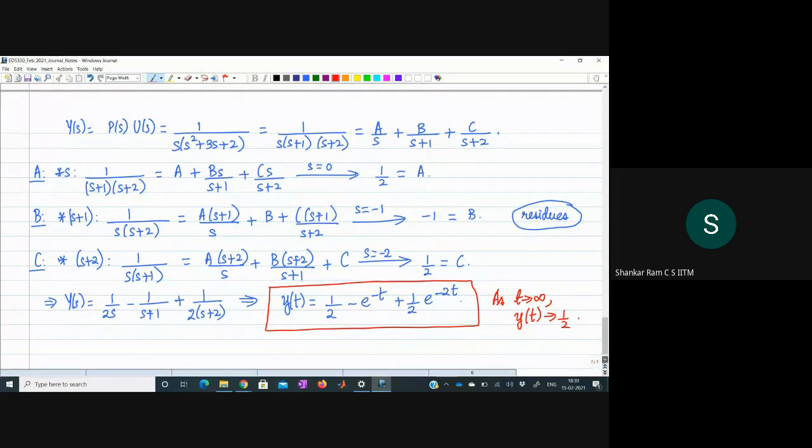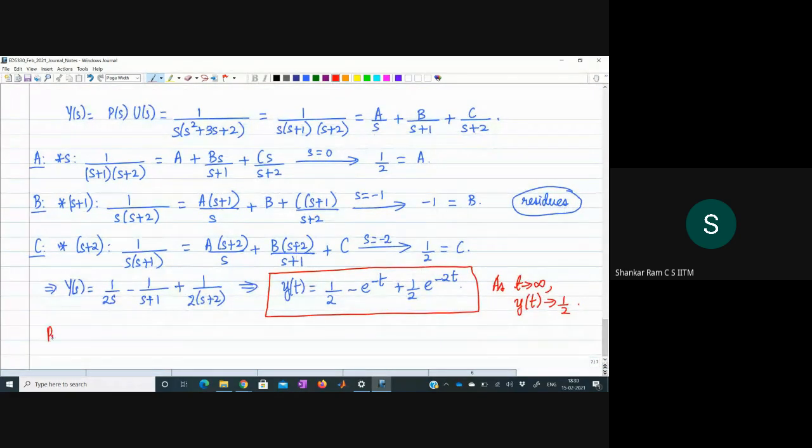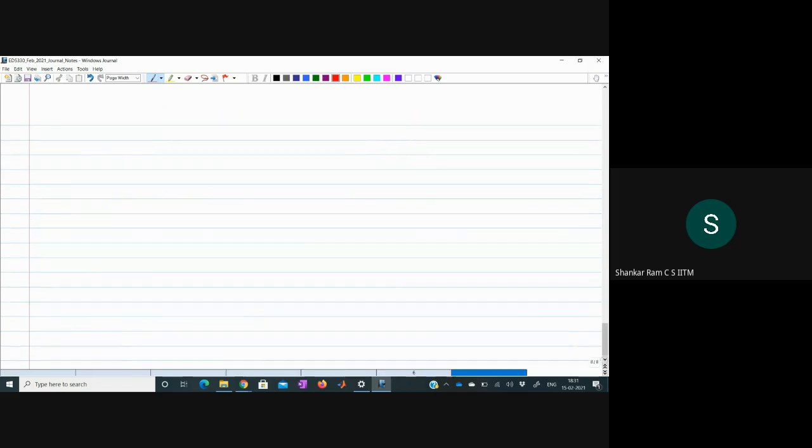Note that the poles appear as the exponents of the exponential term in the response function.